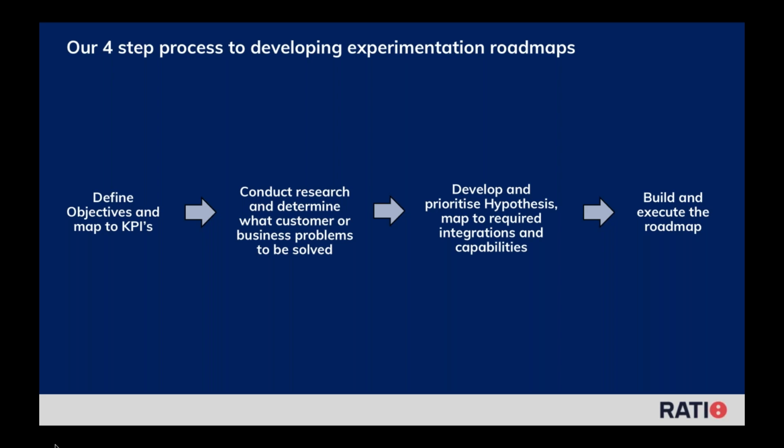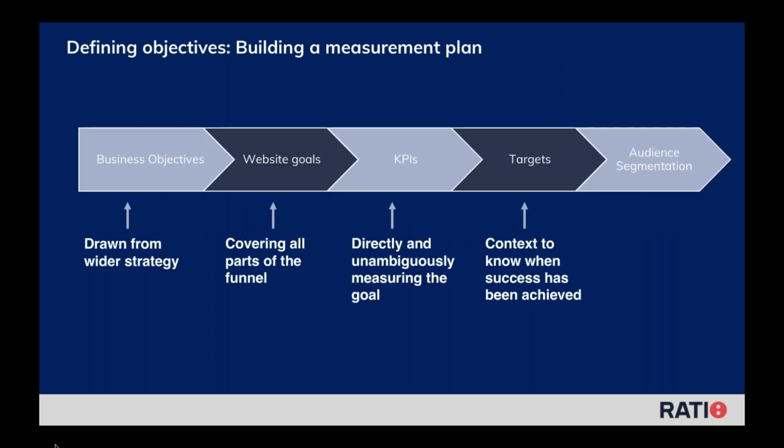The third is to develop and prioritize a specific set of hypotheses that map to each of those problems, and then also map that against what required integrations and capabilities need to be put into place in order to execute on the hypothesis. And the fourth step is to actually build and execute on the roadmap, and really use the tool. So for most of this, as I said, we're not really talking about the technology at all. We're taking a view about what in general are the problems that we need to solve for.